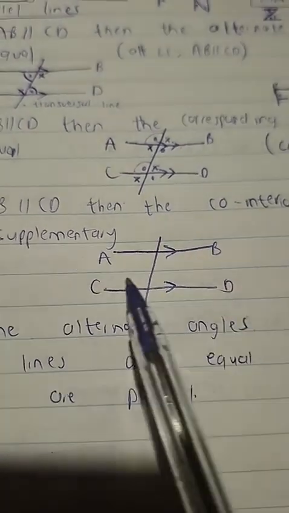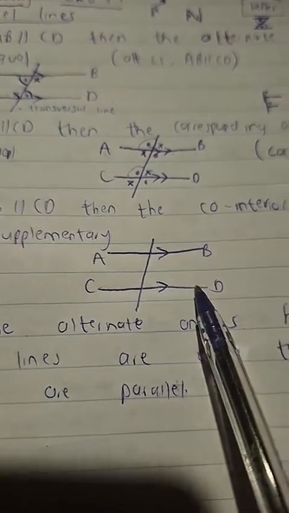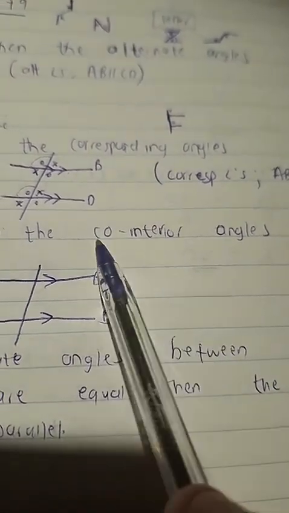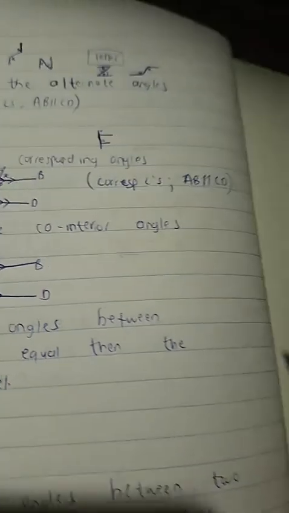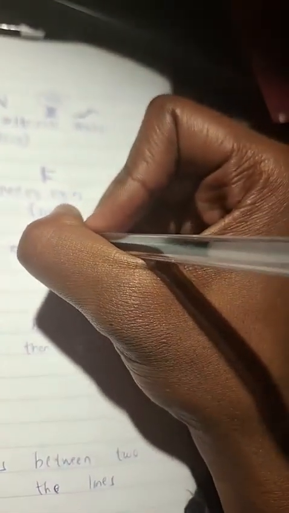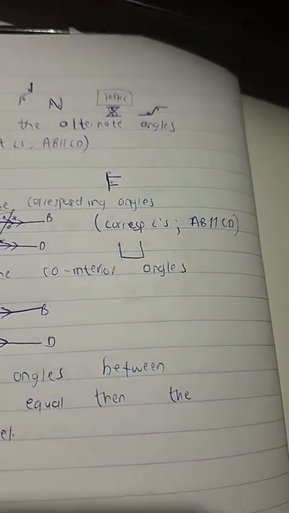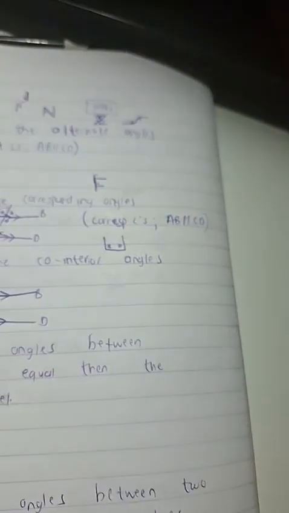So if AB is parallel to CD, what in the world are co-interior angles? Now I need you to understand that co-interior angles are the U-shape angles, and their position is simply this. They are the armpits.